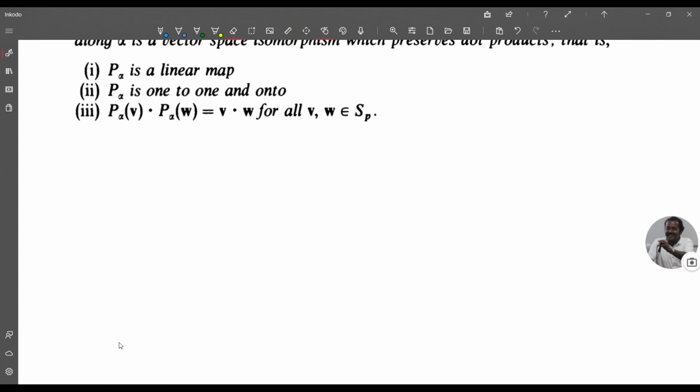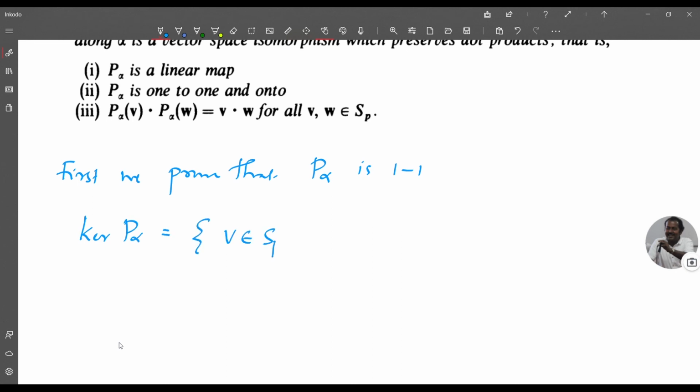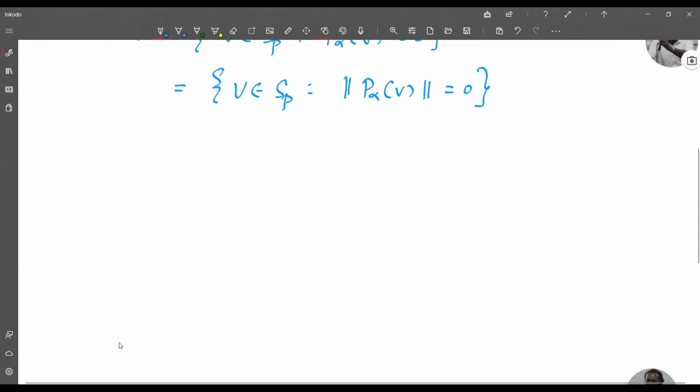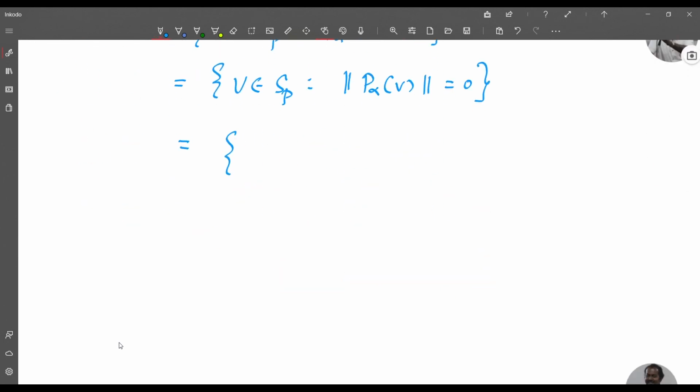Now we show that P alpha is one-to-one and onto. First we prove that P alpha is one-to-one. Kernel of P alpha is the set of all v in SP such that P alpha of v is equal to 0. So this is the set of all v in SP such that norm of P alpha of v the whole square is equal to 0.